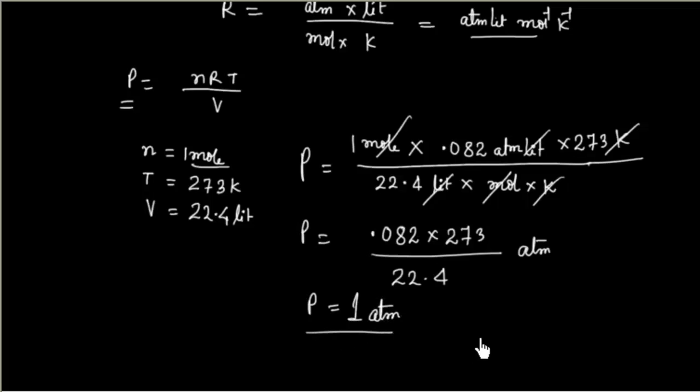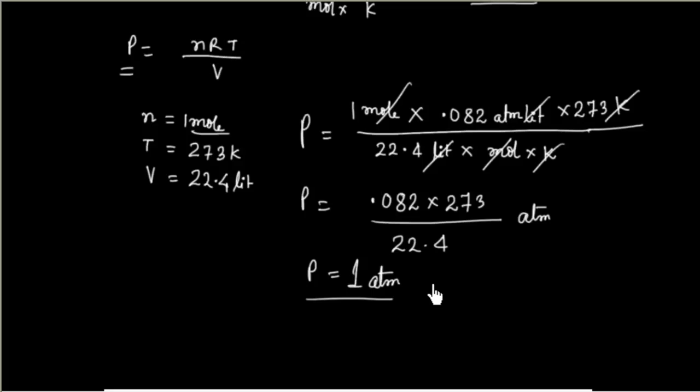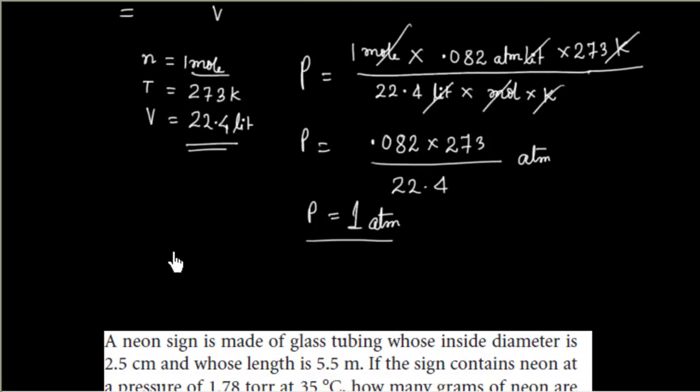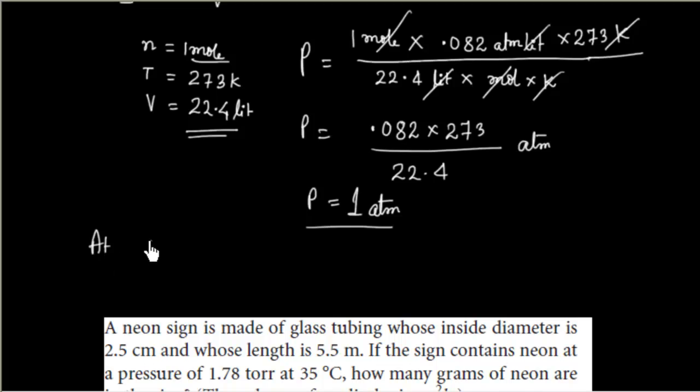This is obvious: everybody knows that at STP, standard temperature and pressure, temperature is 273 Kelvin, pressure is 1 atmosphere, and for 1 mole of gas, volume is 22.4 liters.